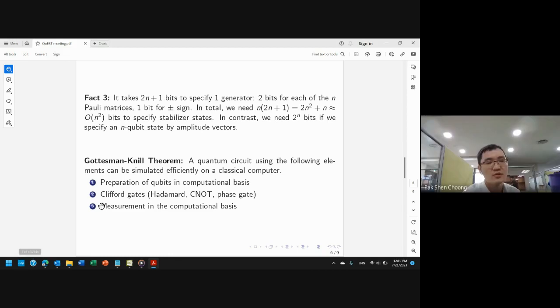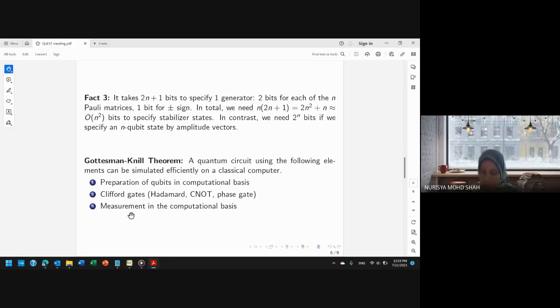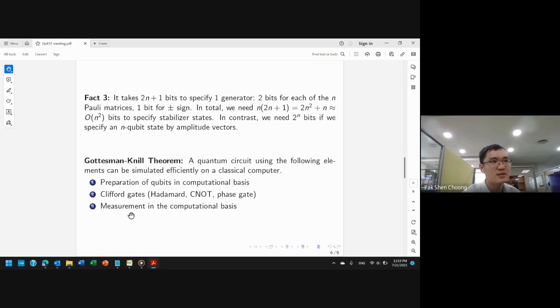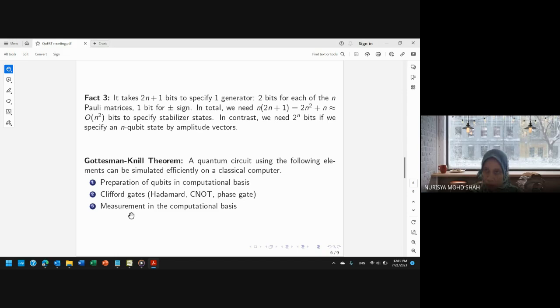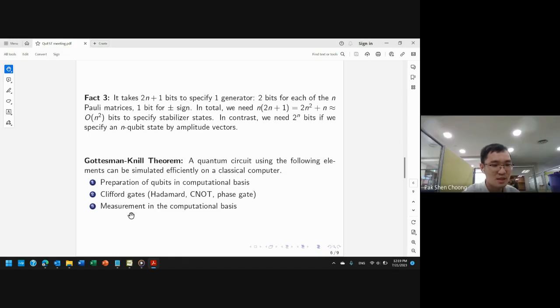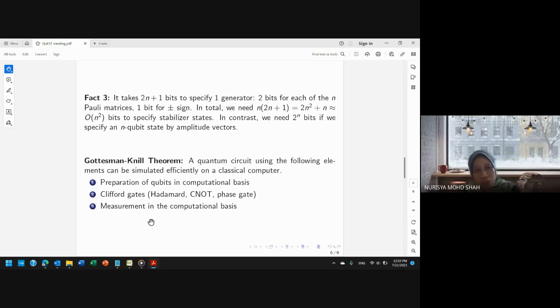That's why Clifford gates are not a universal gate set, because there are some states that you cannot travel to. Those states are the magic states, or non-stabilizer states.